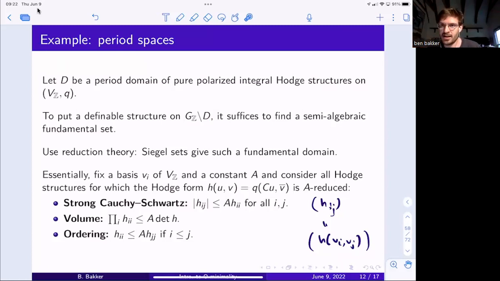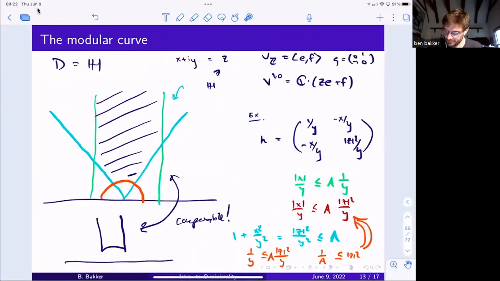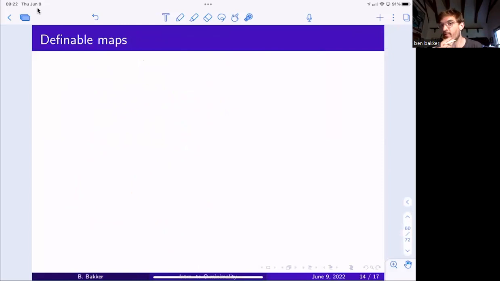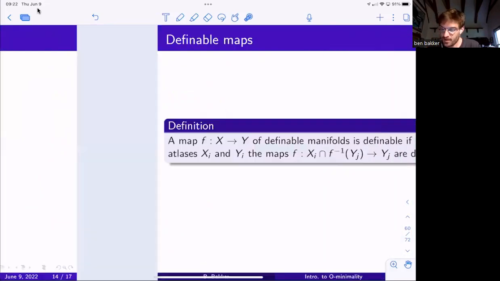And therefore it's useful if we're dealing with spaces that don't necessarily have algebraic structures. And it really says something about their geometry if they admit a definable complex manifold structure, as we'll see. So now let's talk about what definable maps between definable manifolds are.